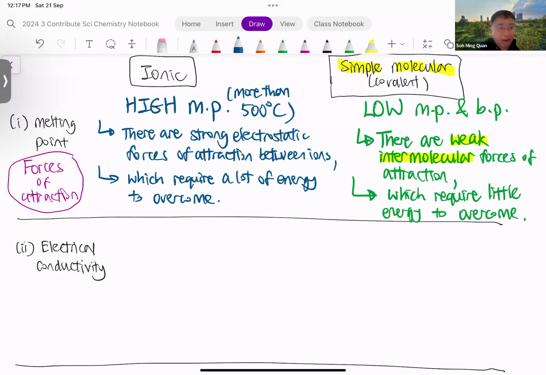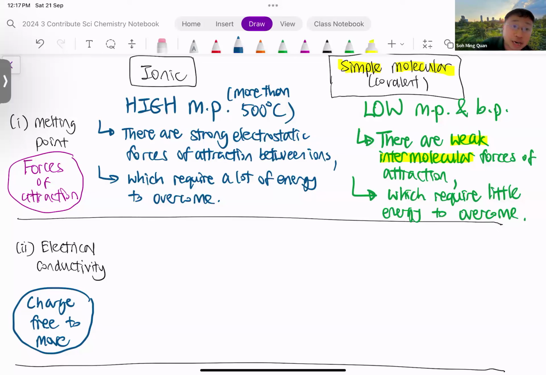So the idea is charge flows. Charge must be free to move. So when you discuss electrical conductivity, the main concept here is, firstly, do these things have charge? Secondly, do they move freely?